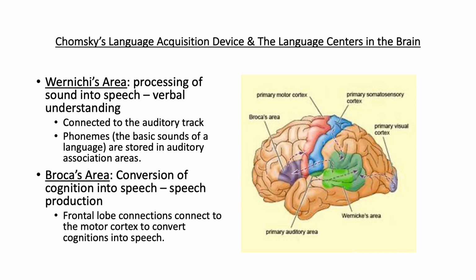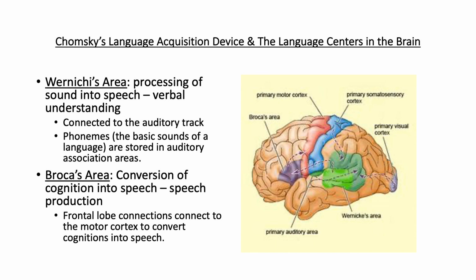Well, it turns out Chomsky's language acquisition device lines up pretty nicely with the way the brain's organized. On the left side of the brain, which is where most people's language center is, you have an area at the temporal parietal area of the brain, right about where your auditory tract is, called Wernicke's area, and that's where speech understanding is.